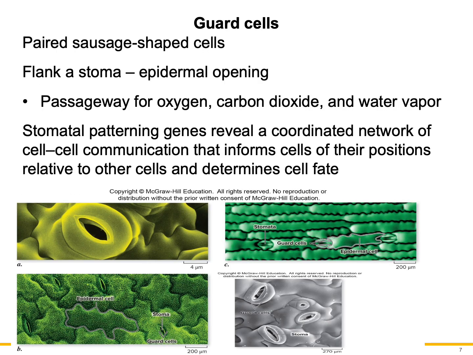Let's first look into guard cells. As we know, guard cells are a sausage-shaped pair of cells that flank a stoma, or stomata in plural. Guard cells contain chloroplasts. Stomata are involved in the passage of oxygen, carbon dioxide and water vapor in plant leaves, and in many plants, stomata are more abundant in the lower epidermis of the leaf.